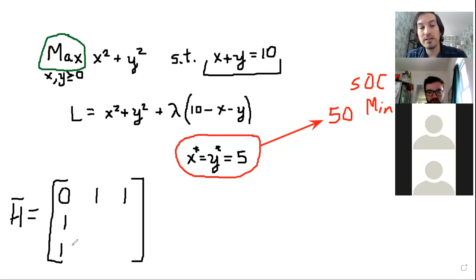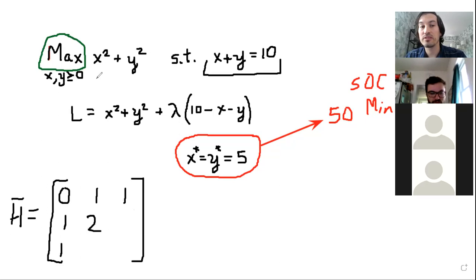But okay, to fill out this part of the bordered Hessian, we want the actual Hessian of this x squared plus y squared, and that is the derivative with respect to x twice. What will that be? I will get 2x, then I'll get 2. It's simply a 2, isn't it? How about here? This would be the derivative first with respect to x and then with respect to y.